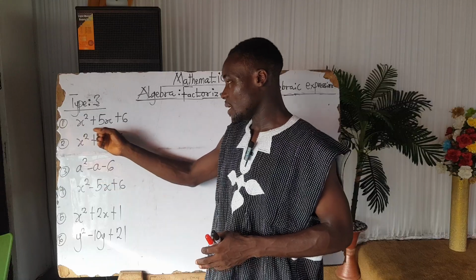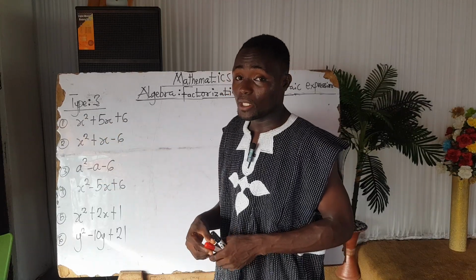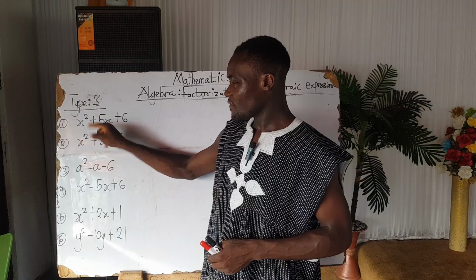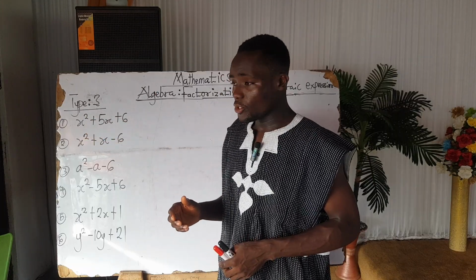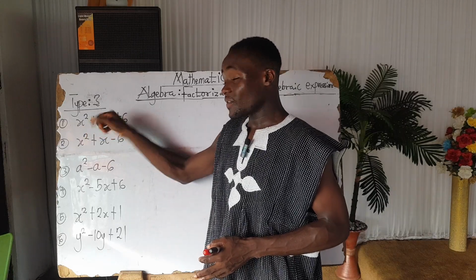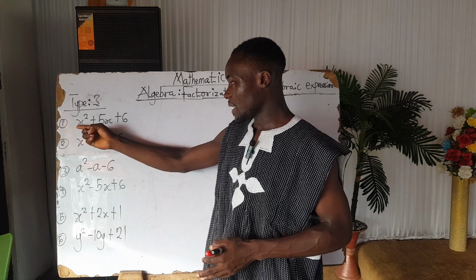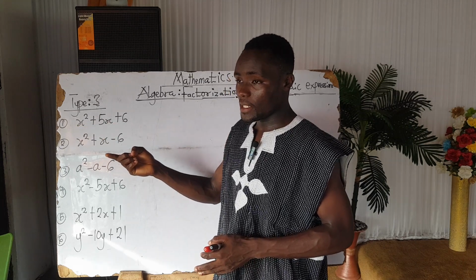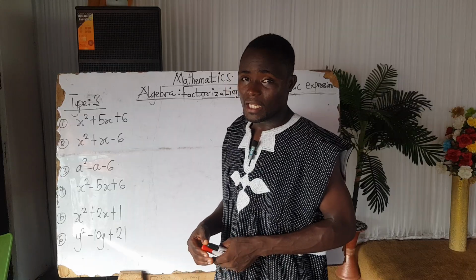So here is x squared, this is also x, and there is a constant as well. And you realize that the variable over there has a degree of what? 2. So we said that it is quadratic because the variable within the expression has a power of 2. Looking at it, we have x squared, and we have the same variable within the same expression. Are you clear with that?